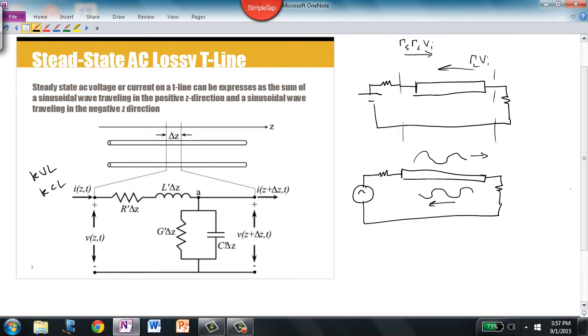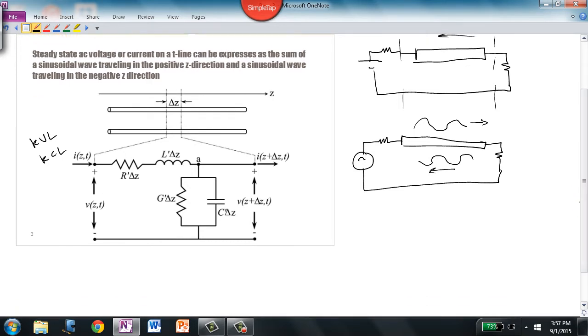So here what we've got, just to remind you, is the distributed parameter model for a lossy transmission line. Here R prime represents the series resistance of the conductor per unit length. L prime is the series inductance per unit length.